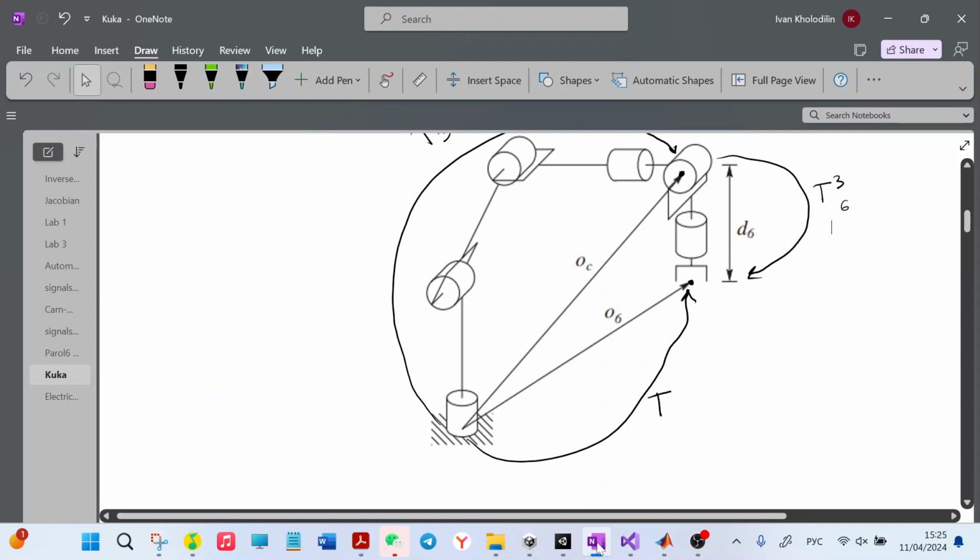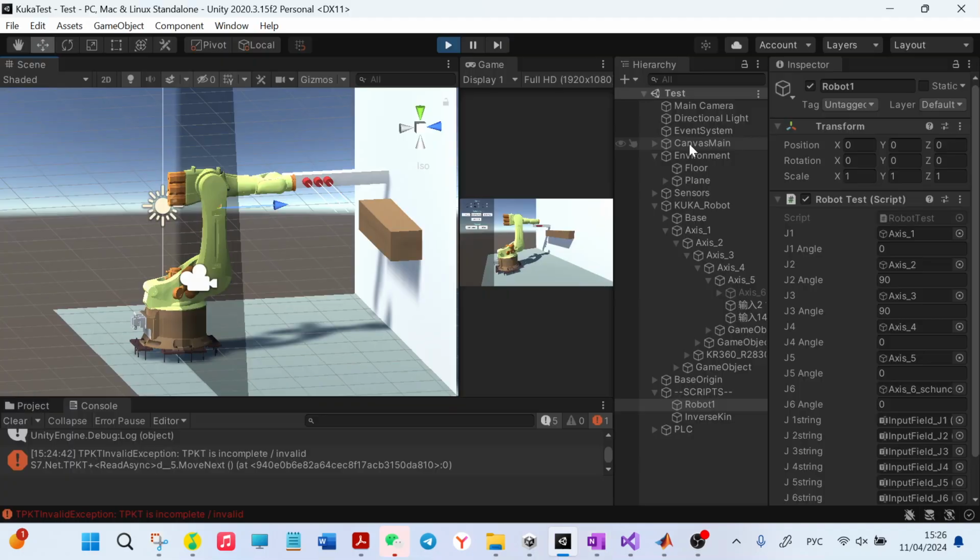So what will change its position? So here we have the robot, so we can change, for example, this position. This will change the position, the first joint.